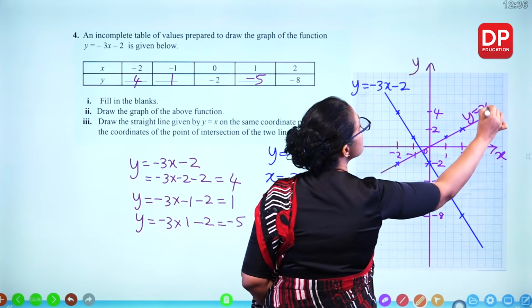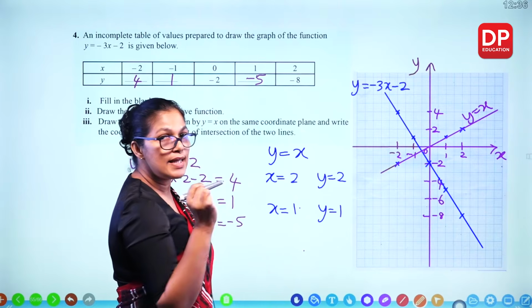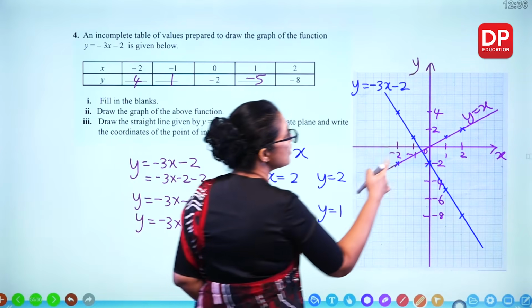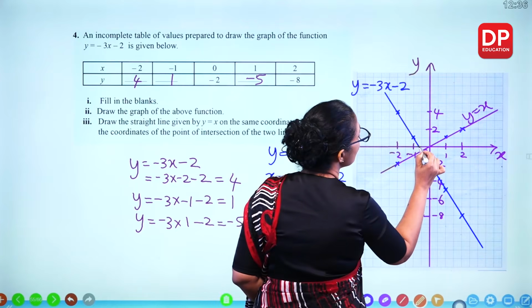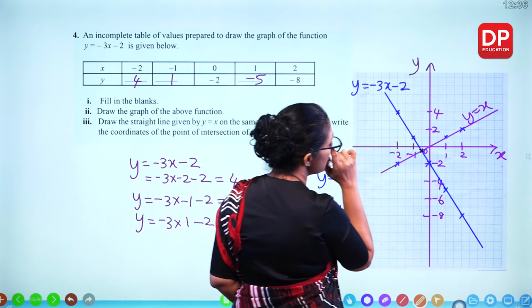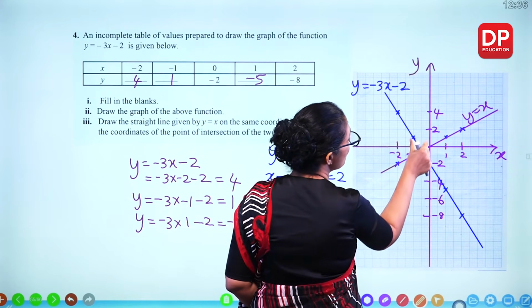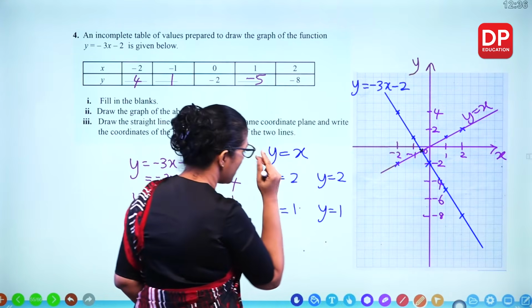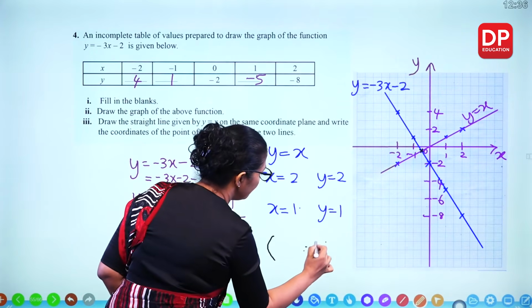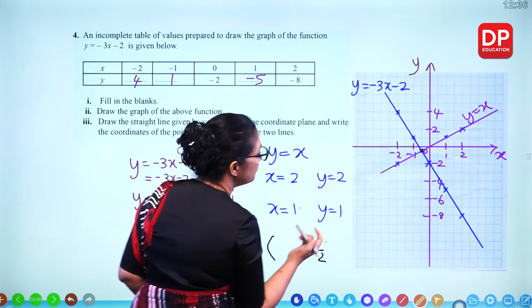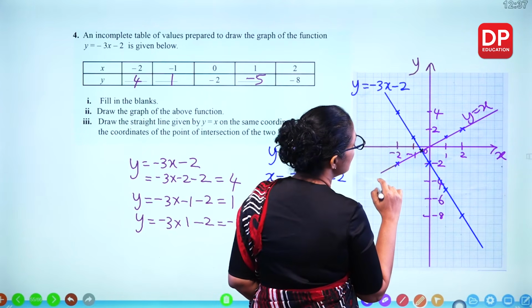Y equals x line. Now find the intersecting point. So intersecting point is here. Can you read the coordinates there? Half of this. So minus half for y value. And what's the x value?